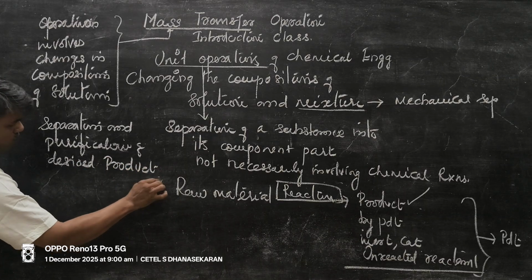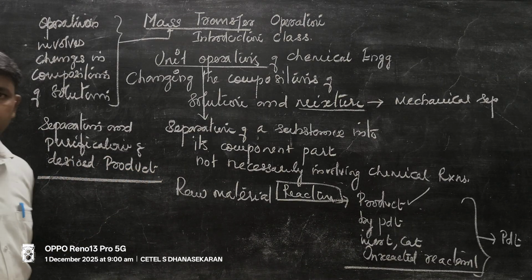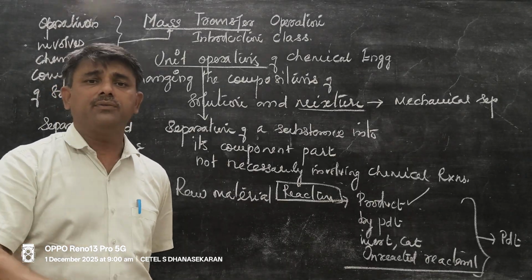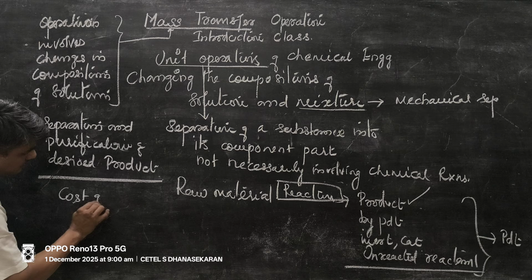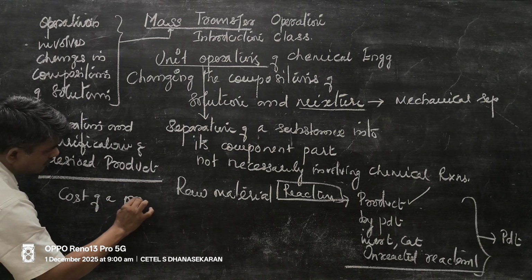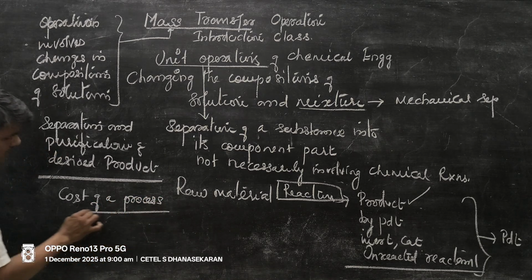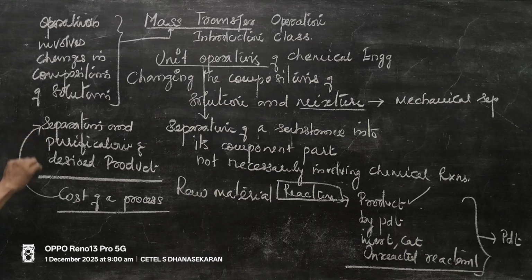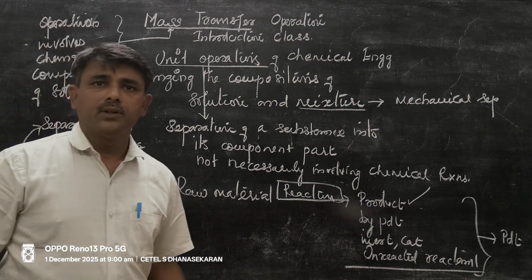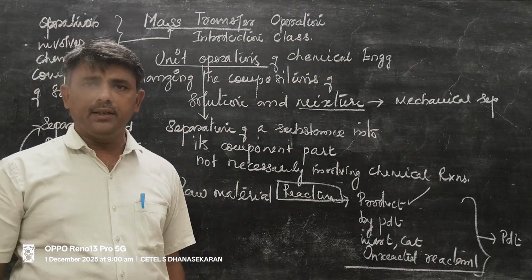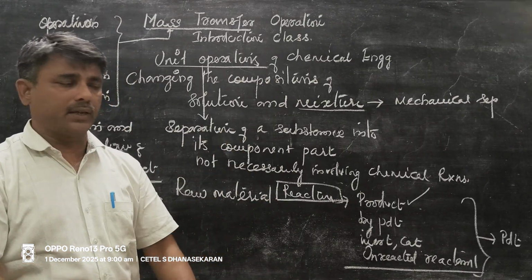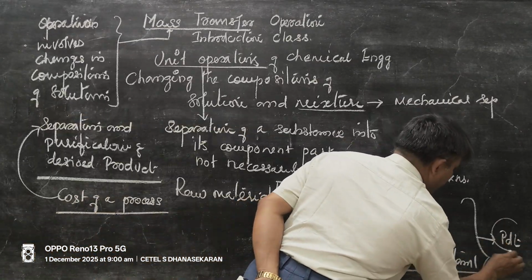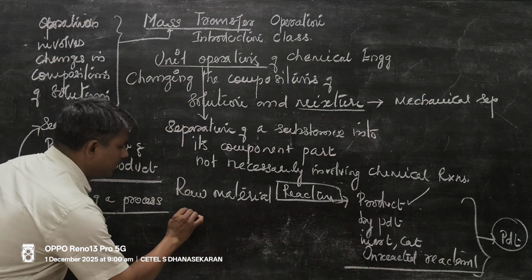Why am I saying this? The major part of the cost of a process is for separation and purification of the desired product. This cost depends on the ratio of final concentration to initial concentration of the desired product.